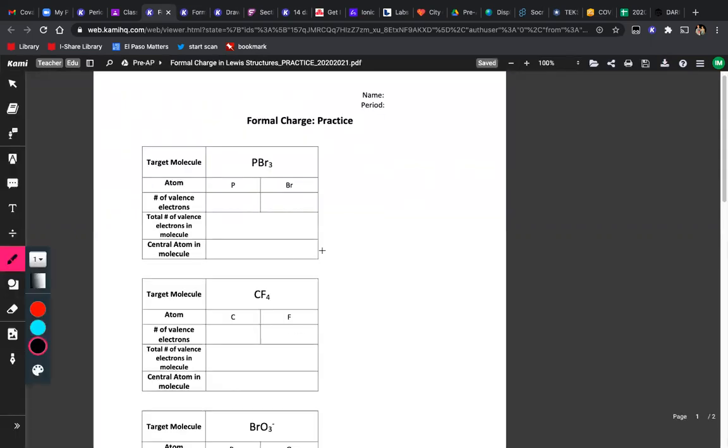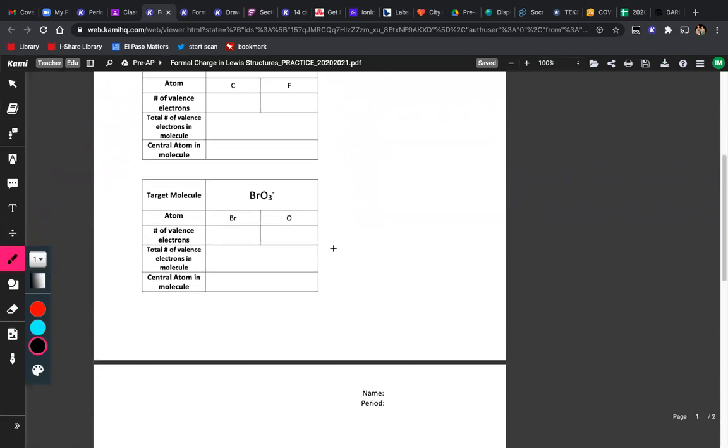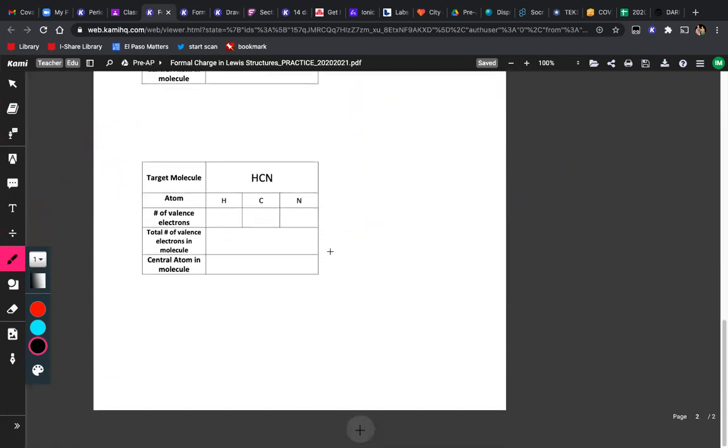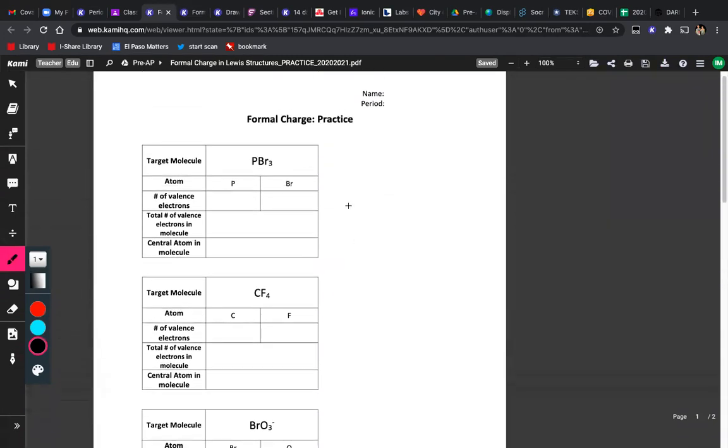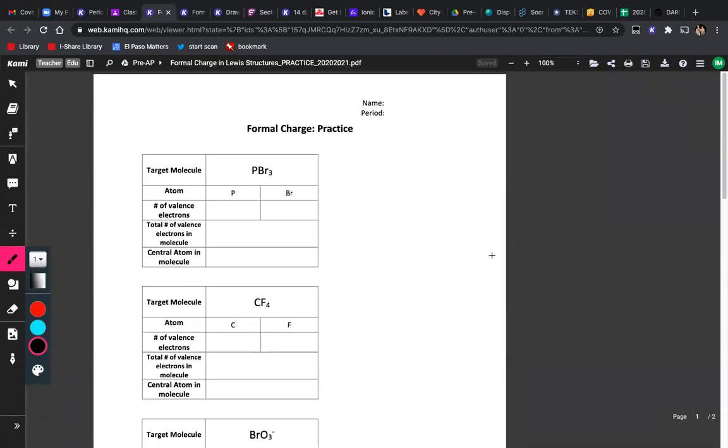All right, so here you go. You have a total of 5 problems. Now, there may not be enough room for some of you. If you don't have a drawing pad, it's a pain to do this sort of thing online, so you're more than welcome to do this, in fact I encourage you to do this, on a separate sheet of paper.